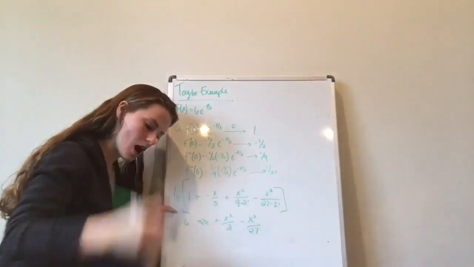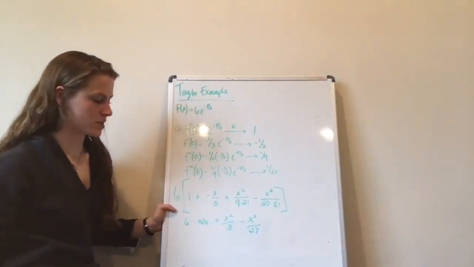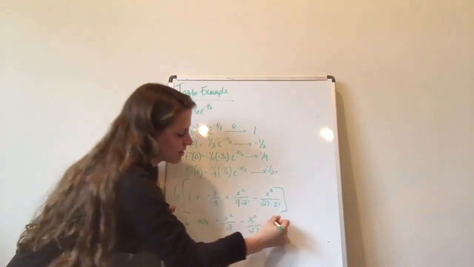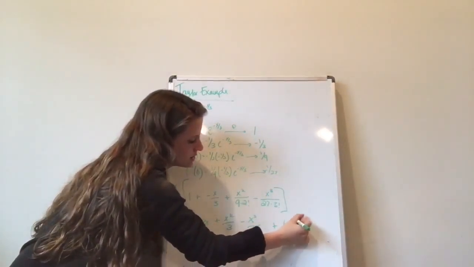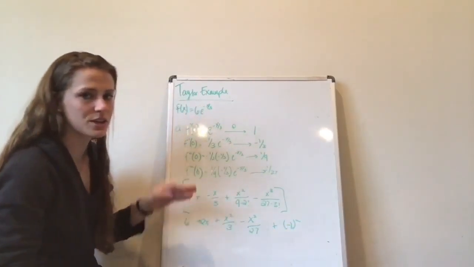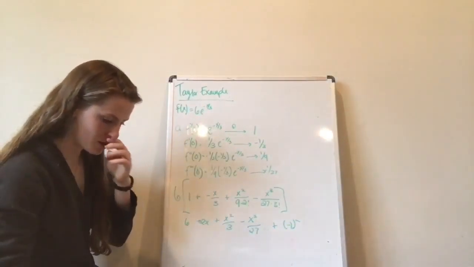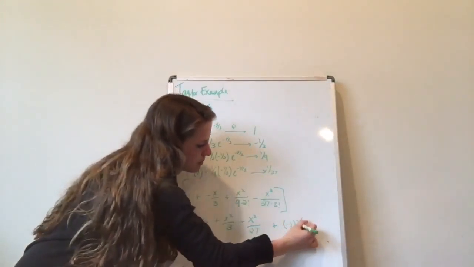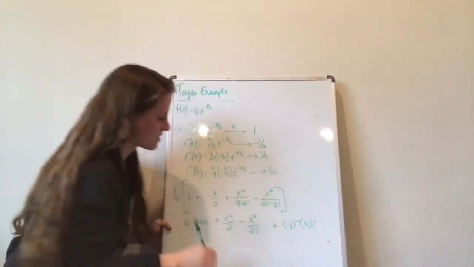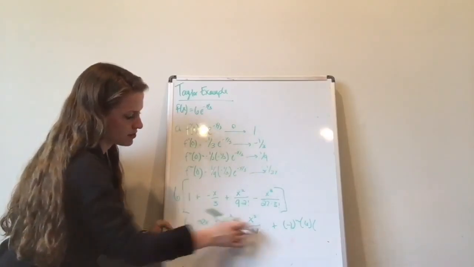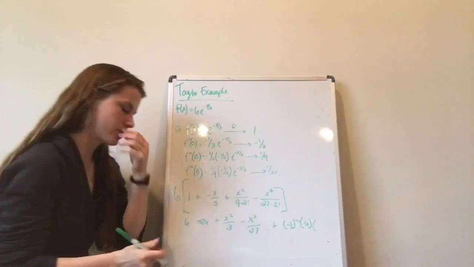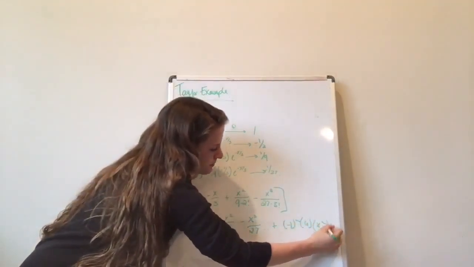So when looking for the general term, we have to consider a few things. We see that it's alternating, so we want to factor that in by saying negative 1 to the n. So that shows that it's alternating. And then we also want to factor in the 6, so we are going to multiply by 6. And then we see that as every term increases, the x exponent increases, so we're going to do x to the n.